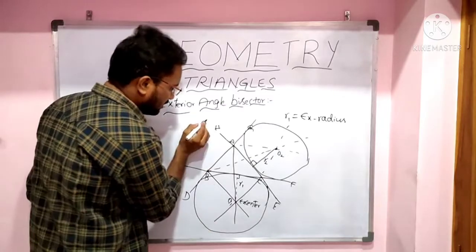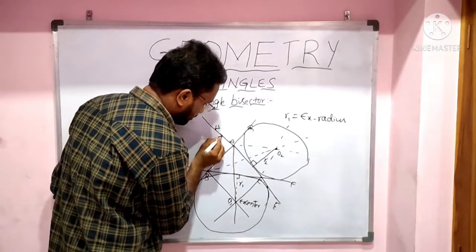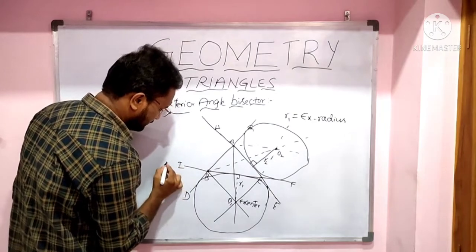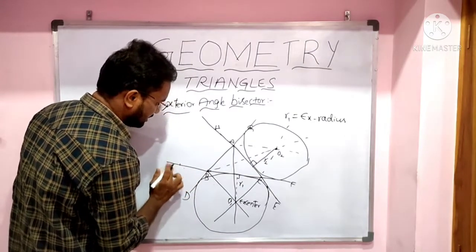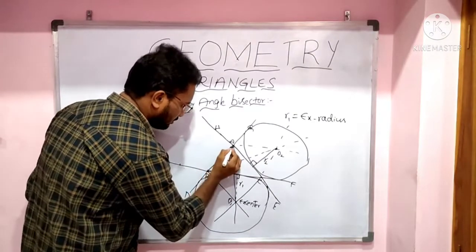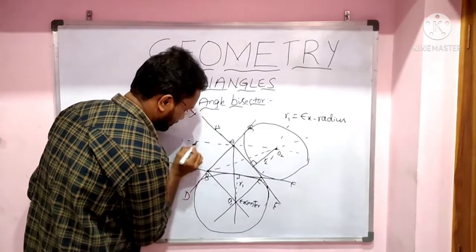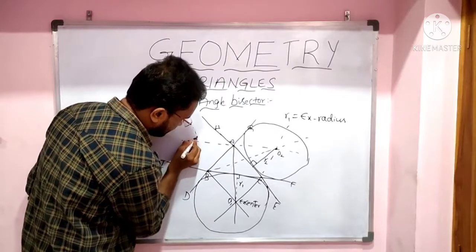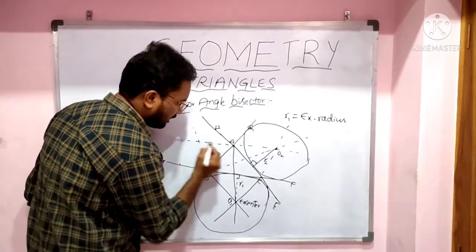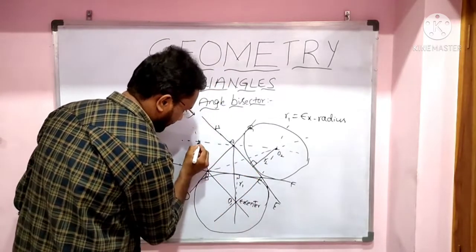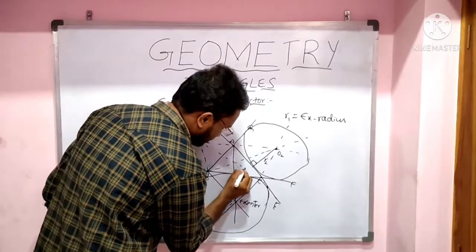And similarly, if we draw for these exterior angles, these are the exterior angle bisectors, this one and this one, and this is the interior angle bisector.